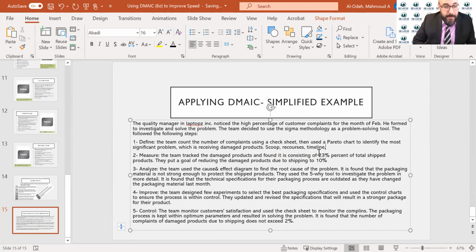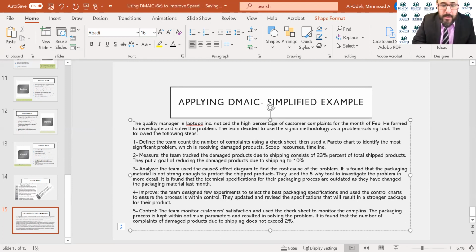In the measure phase, the team tracked the damaged products, and found that damaged products due to shipping consist of 23% of the total shipped products.